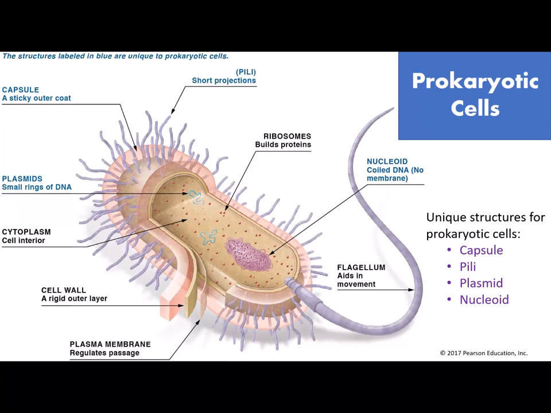Remember the phospholipids that we talked about back in chapter 3 as one of our types of lipids. The cell wall is a rigid outer layer that underlies the capsule of the prokaryotic cell. Also similar with eukaryotic cells is that it is filled with cytoplasm.